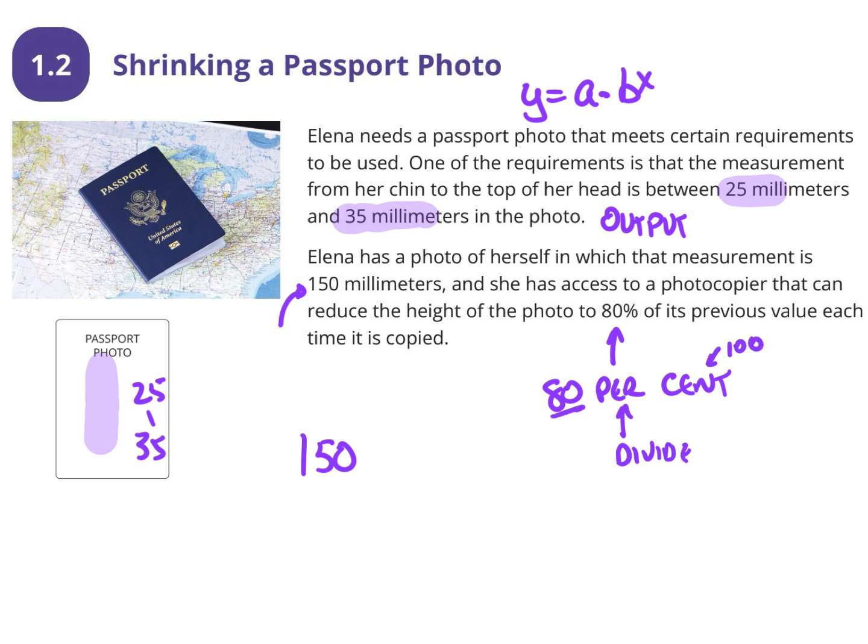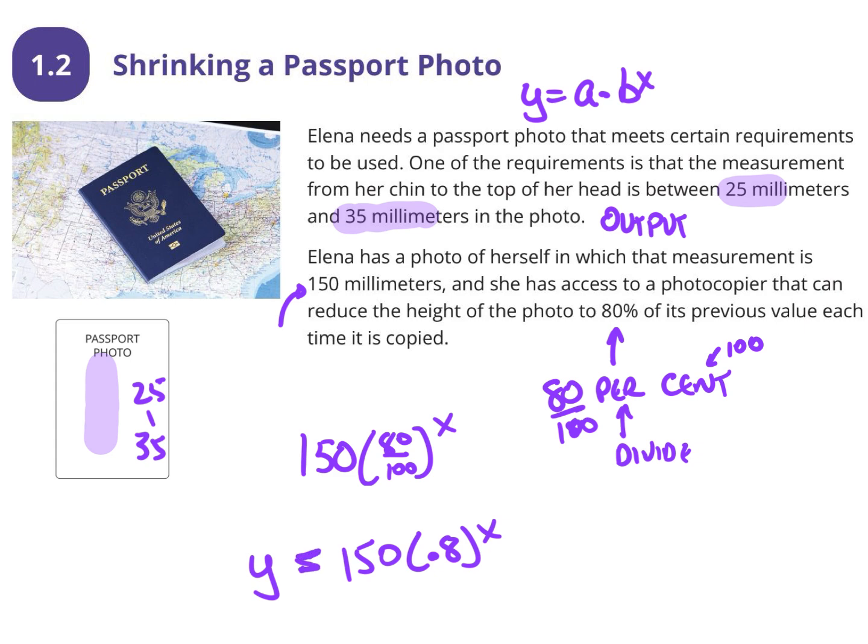So if we take 80 and divide it by 100, 80 over 100, which is 0.8, to the x power, I think we have an equation. 150 is our start. We want to finish at 25 and 35. There we go, here's our equation. When we write exponentials, start with your equations.